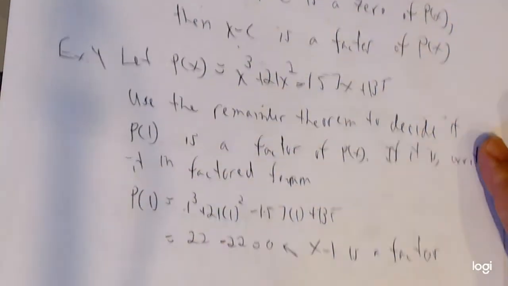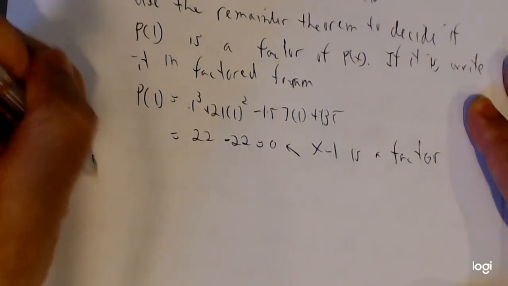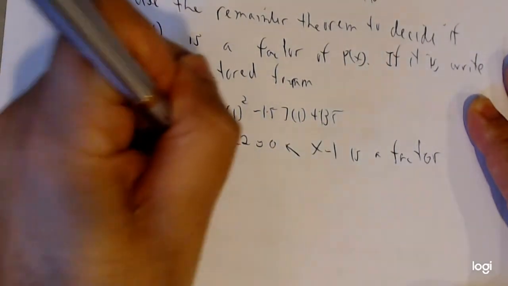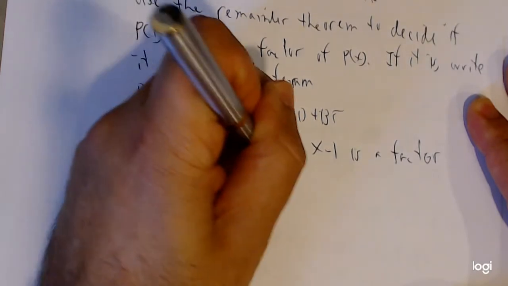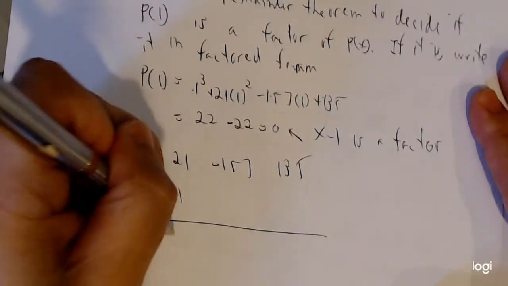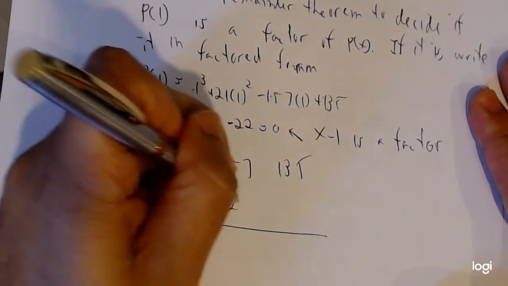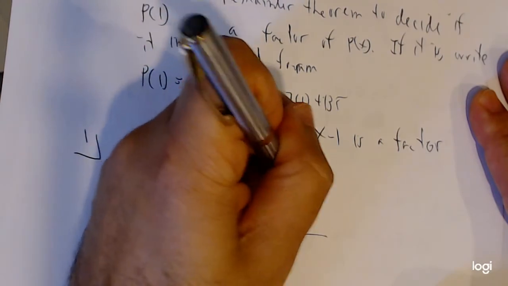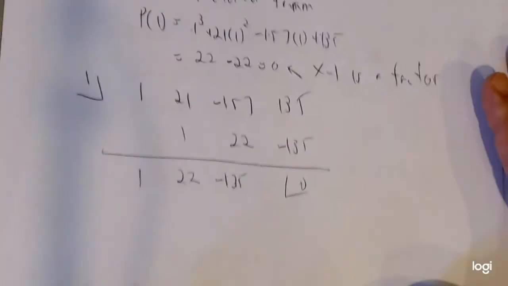So to do this, I'm going to use synthetic division. If I put a 1 here, then I have 1, 21, negative 157, 135. And let's see what happens here. 1, 1, 22, 22, negative 135, negative 135, 0. So look at what we just did.